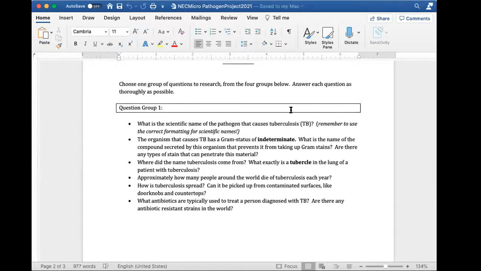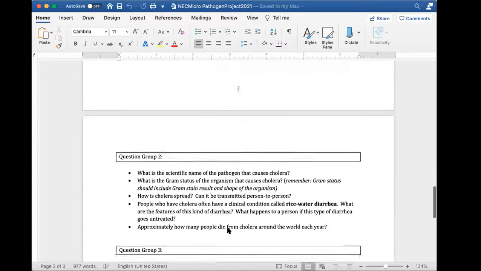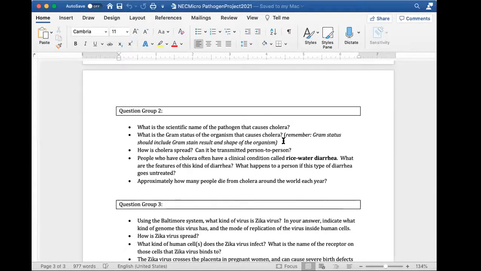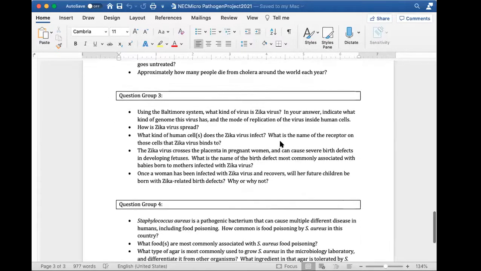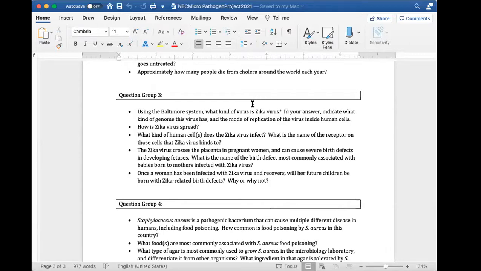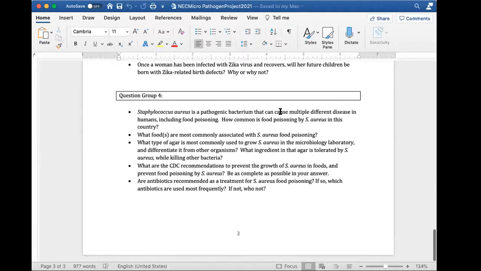And you can see there are 4 groups of questions about 4 different pathogens. For example, the first set of questions is about the pathogen that causes tuberculosis. The second group is about the pathogen that causes cholera. The third group is about the Zika virus. And the fourth group is about Staphylococcus aureus and food poisoning.